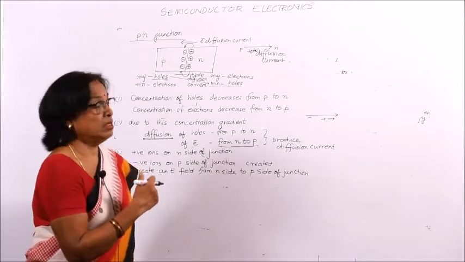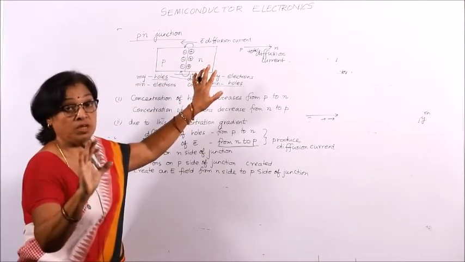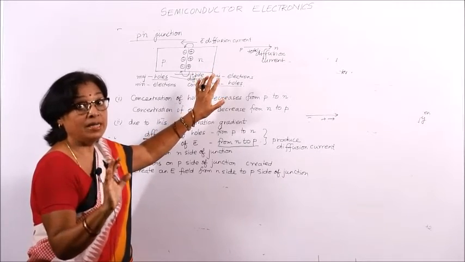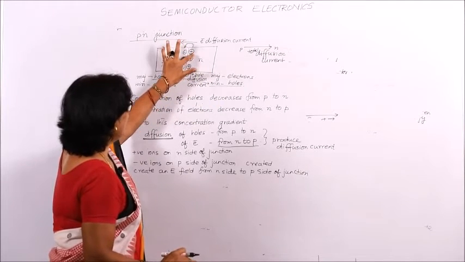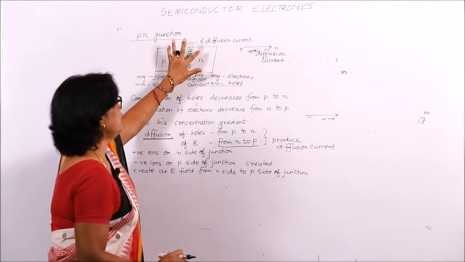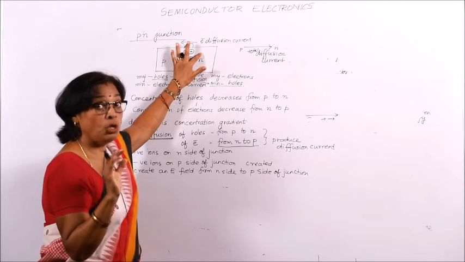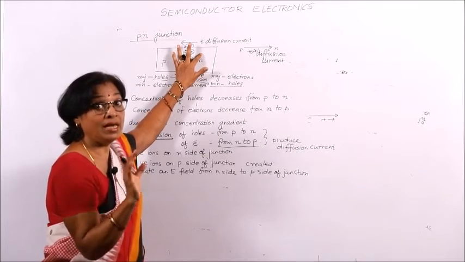Here the positive charge is an ion, fixed to the crystal, so it is immobile and cannot move. But this electric field will act on the minority carriers. There are some holes present here, which are positive and mobile, not immobile like the ion.